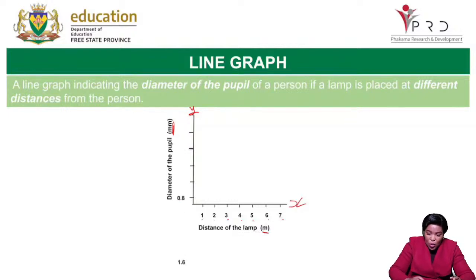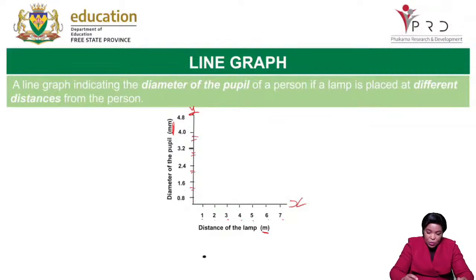So in this case, we can use 0.8, 1.6, 2.4, 3.2, and 4. So you see, you are moving with 0.4. So you can move in those intervals. The spaces must be equal where you are moving on your y-axis.